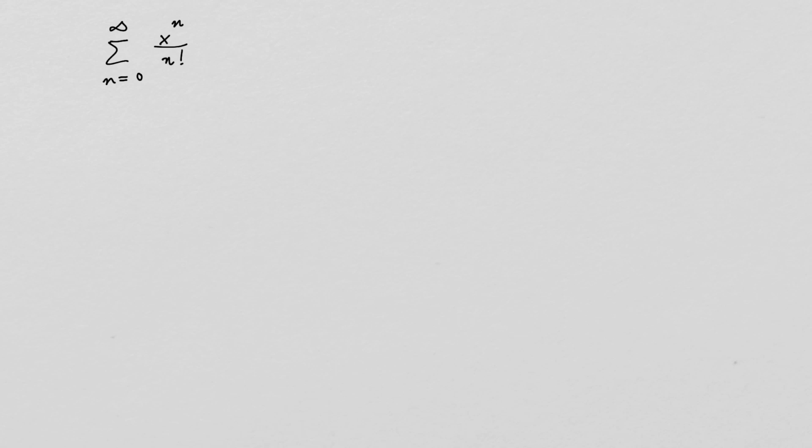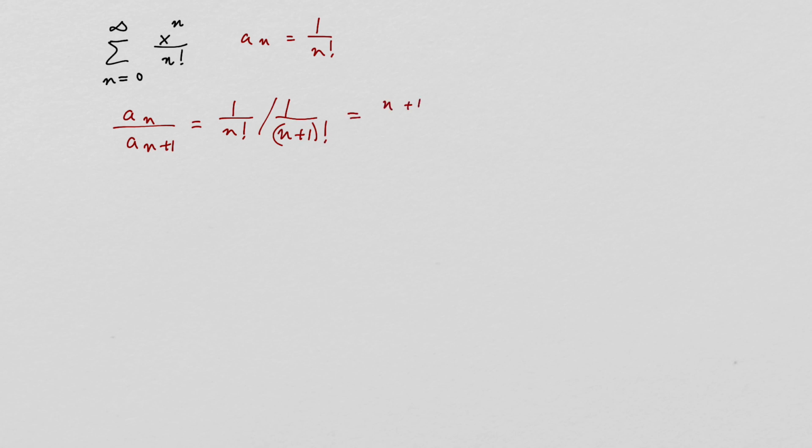Let's then consider this series. a_n seems to be 1 divided by the factorial of n. a_n divided by a_{n+1} is now 1 over n factorial divided by 1 over (n plus 1) factorial. We can rearrange the terms here and cancel out most of the terms.